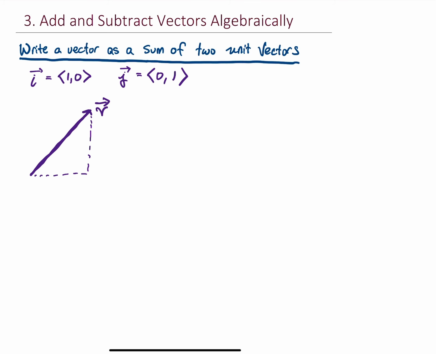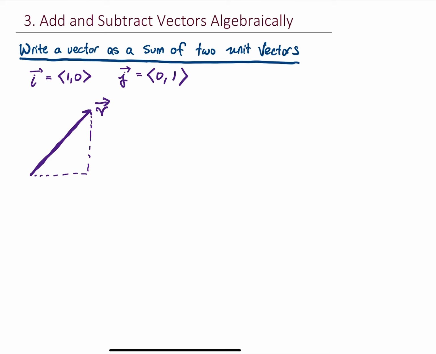So we can describe a vector as a sum of two. We said earlier, if we imagine some vector in this direction and we add another vector in this way, the sum of the two vectors would be the line starting at the initial point of the first one and ending at the terminal point. So we can produce two vectors that create the two sides of this triangle and add them together.